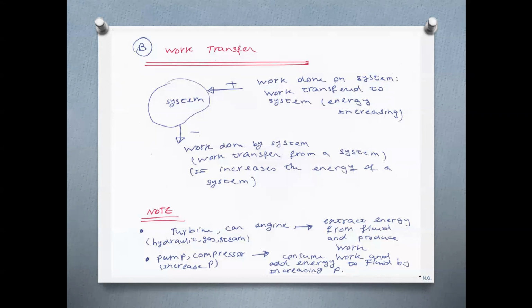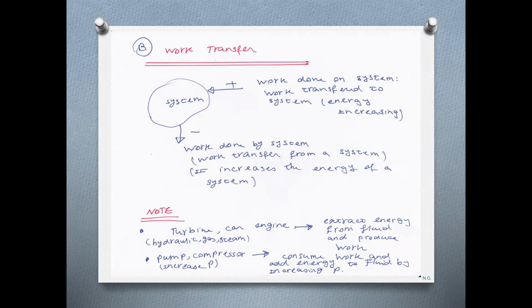Is there any question before I get to the second part of E in minus E out? E in and E out mean energy transfer to the system. The system can be a piston cylinder, a pump with fluid inside it, or a turbine with fluid inside it. So, energy transfer into or out of the system can be broken into these components.